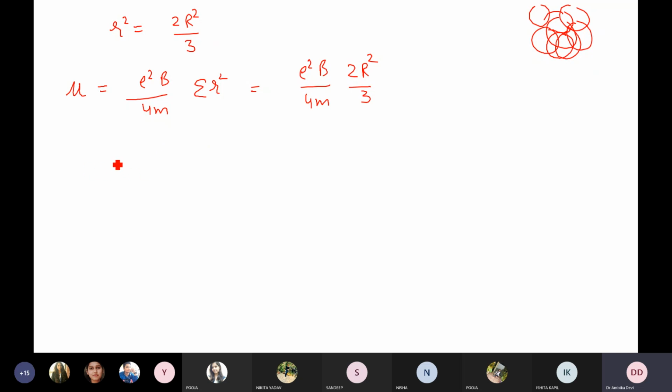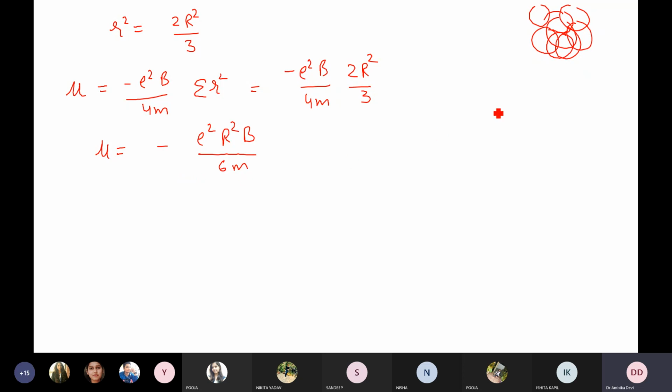So mu is equal to, and the minus sign was also there, so mu is equal to minus e square r square B divided by 6m. Okay, so this is the total magnetic moment of the atom, right?